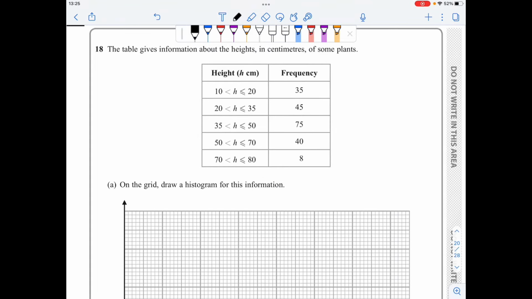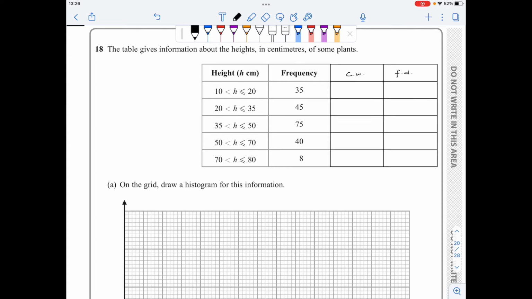For question 18, I'll need 2 extra columns on my table, one for class width and one for frequency density. Recall that frequency density is equal to the frequency divided by the class width. Now to find the class width, just subtract the lower bound from the upper bound of every group.